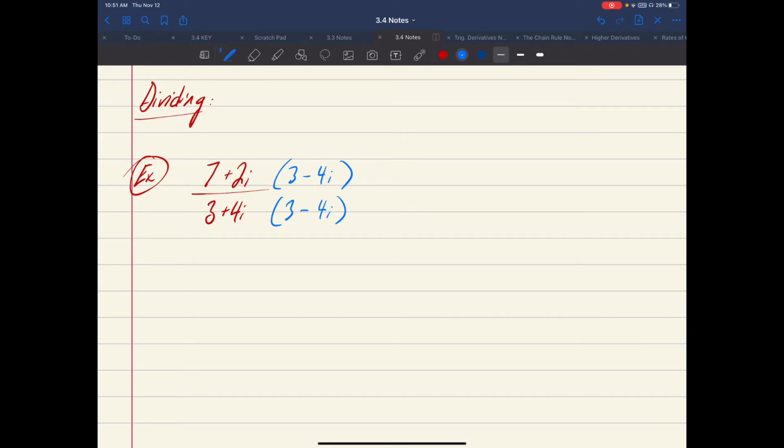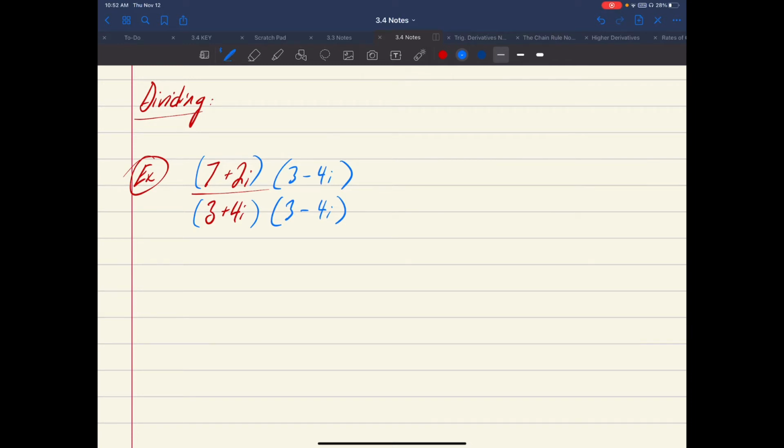So I'll go through this one, making the distribution. But in the denominator, that's really just going to be 3 squared minus 4i squared. We don't have to go through the whole FOIL or whatever you use to multiply binomials. But in the numerator, we do.